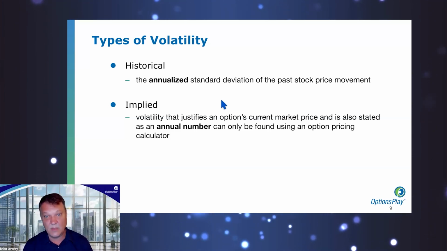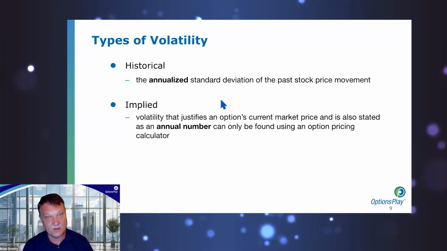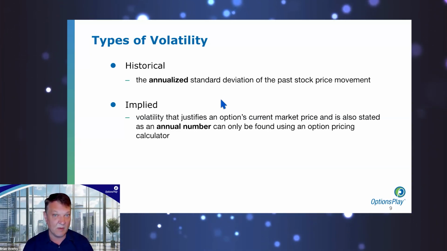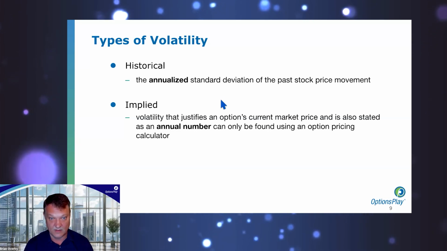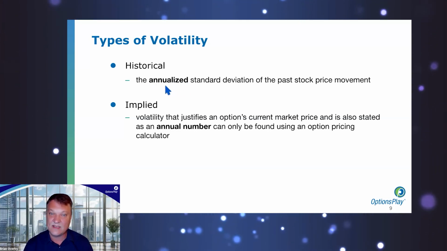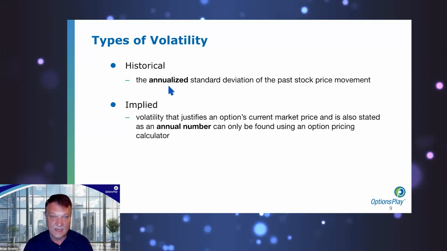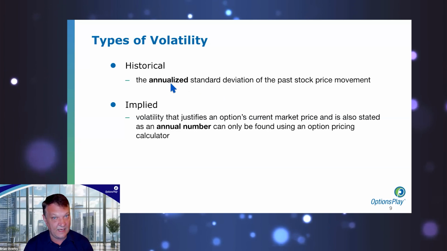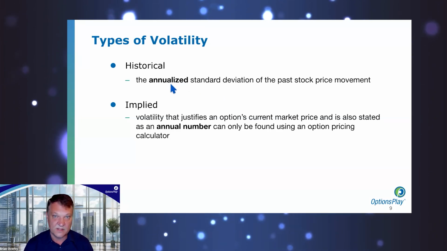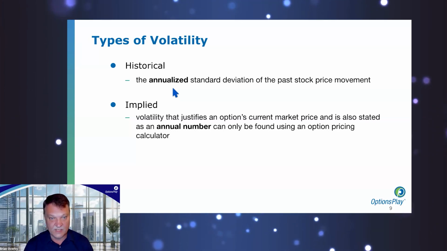It doesn't necessarily mean the stock went up or down. We can look at the past stock price movements and come up with a number we call historical volatility. What's big is that it's annualized. If it doesn't say 30-day, 60-day, or 90-day historical, it's considered an annualized number, and that's fairly important if you want to understand the guts of an option pricing calculator, which is what we're going to focus on today.